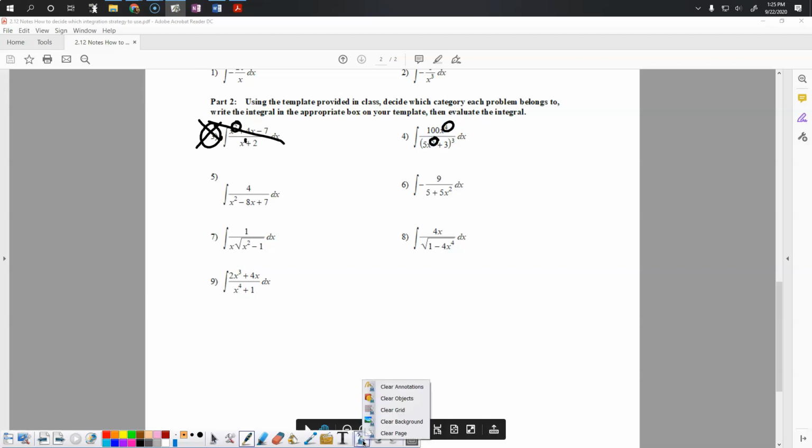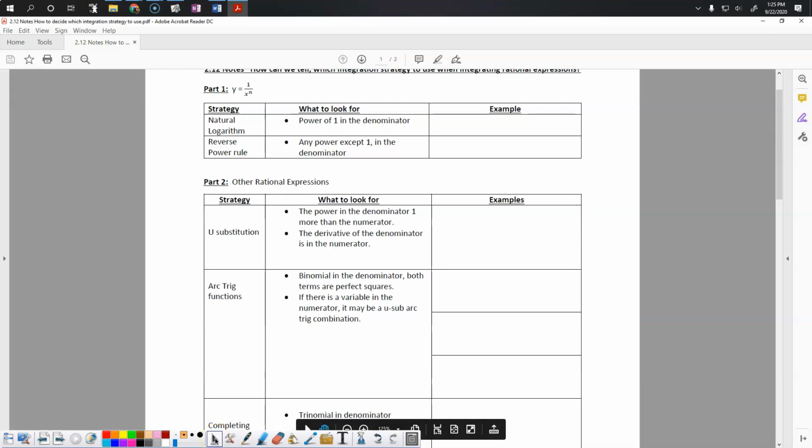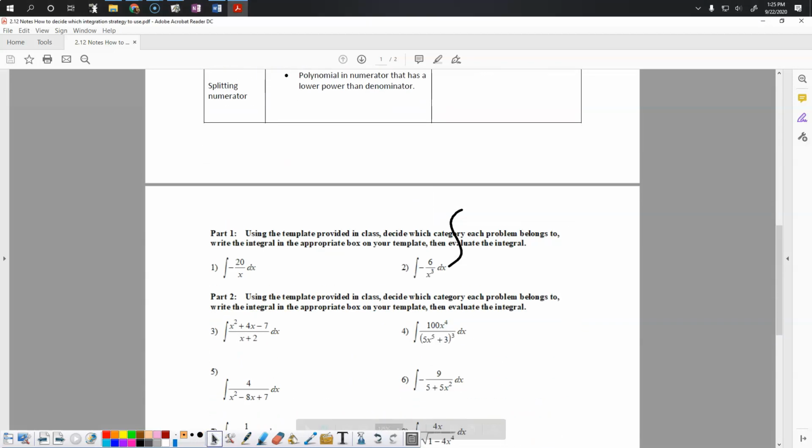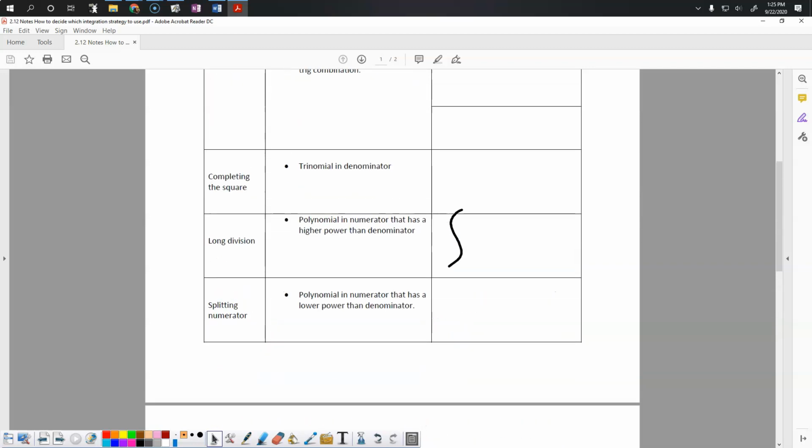So what I want you guys to do now is we're going to take that problem, write it right here in this space, and then I want you guys to go ahead and work that problem out. So I'm going to write that there right now. I forgot to look at what it was. 100x to the 4th over 5x to the 5th plus 3 cubed.